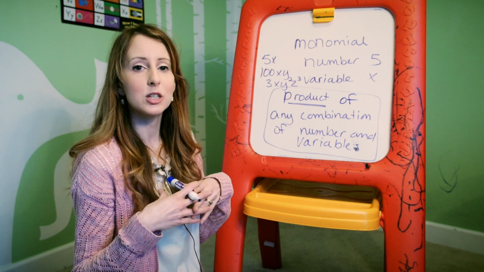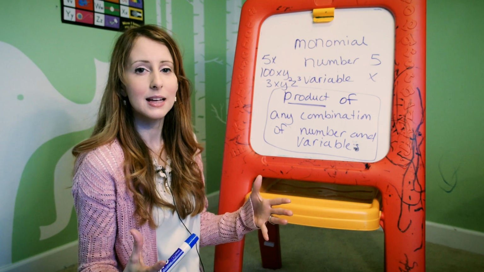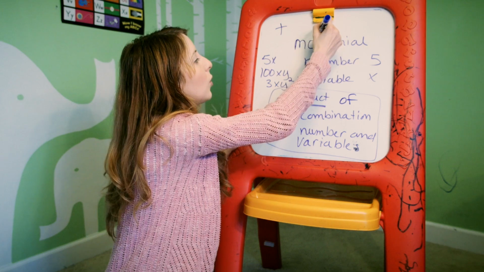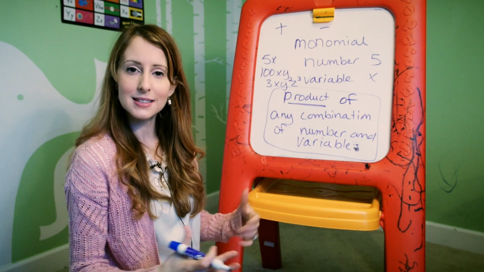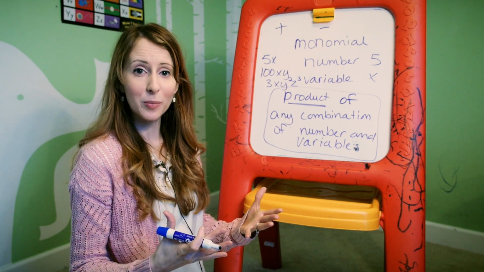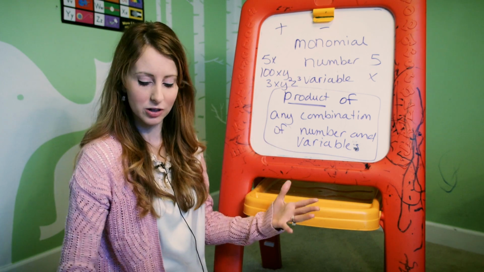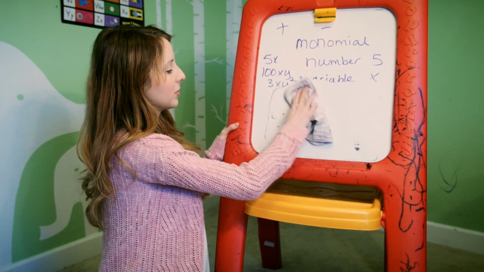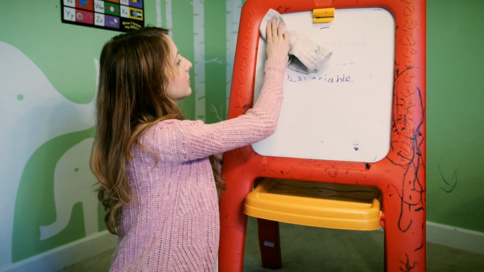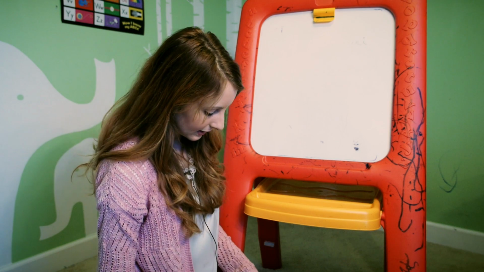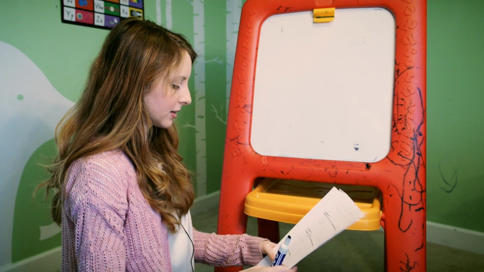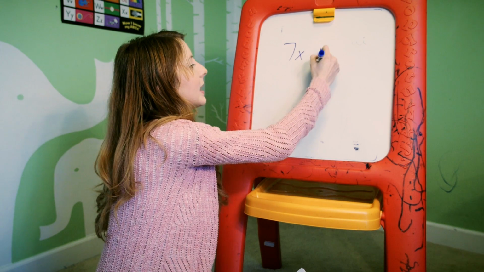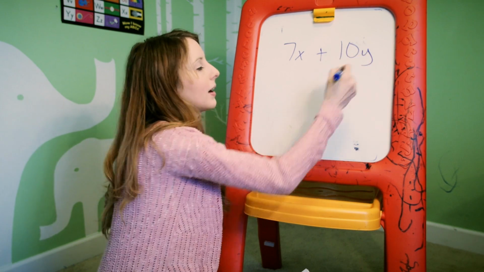Where you start getting into higher order polynomials is when you insert either a plus sign or a minus sign into the mix. And then you no longer have monomials, right? You have something larger. So let's look at those larger polynomials. Let's say you have 7x plus 10y.